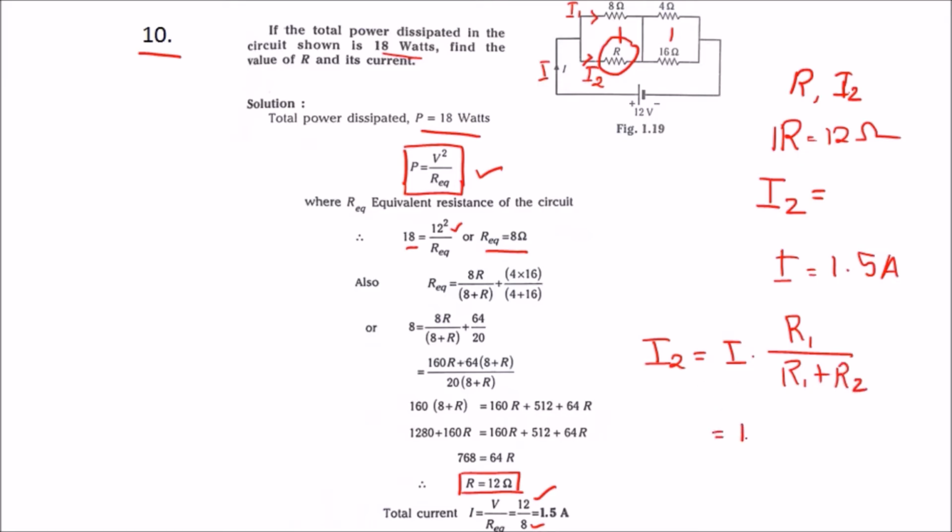Here I is 1.5, R1 is 8, and we found R2 is 12. So using this we will get 12 by 20, which is nothing but 0.6.